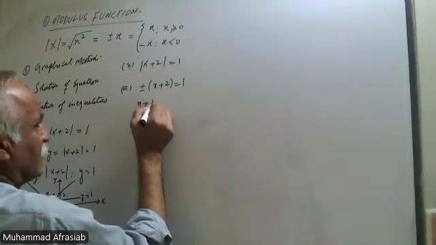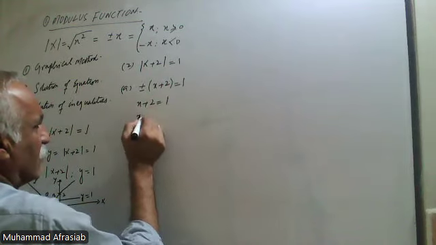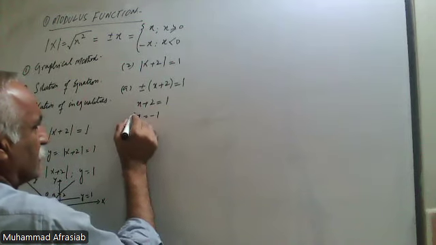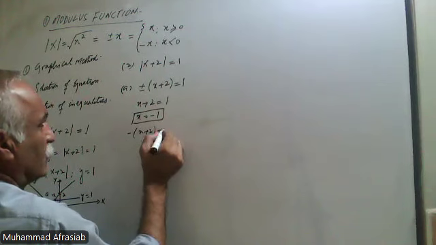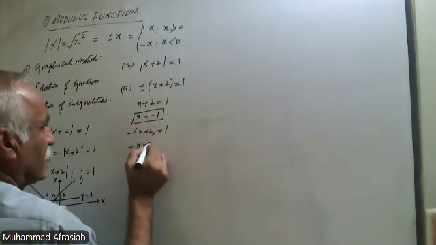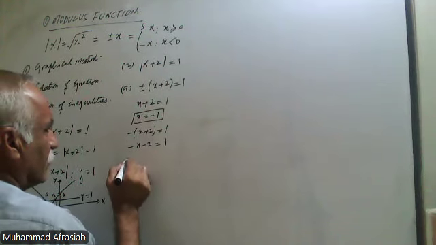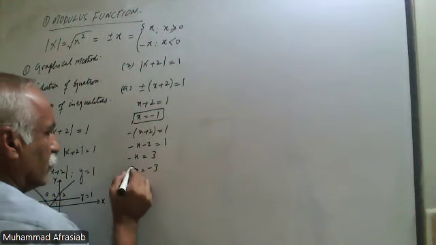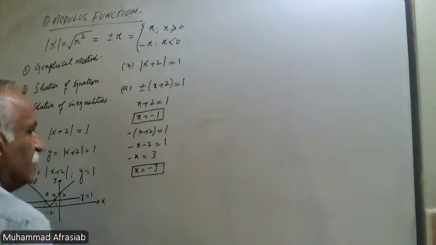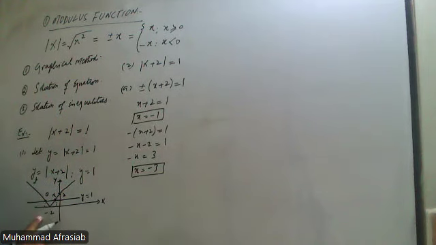This will be x + 2 = 1, or x = -1. Or -(x + 2) = 1, then -x - 2 = 1, -x = 3, or x = -3. So these are the A and B solutions, which are -1 and -3.